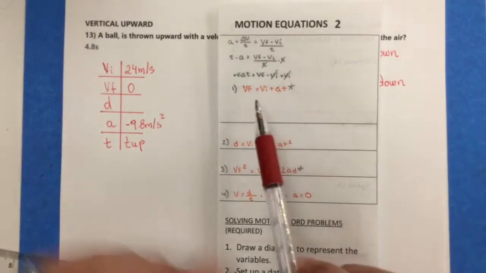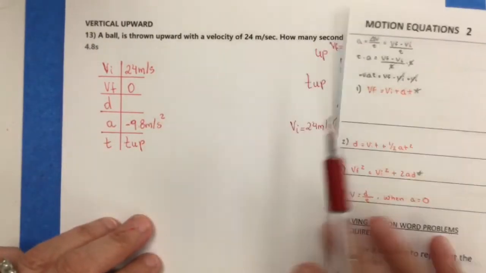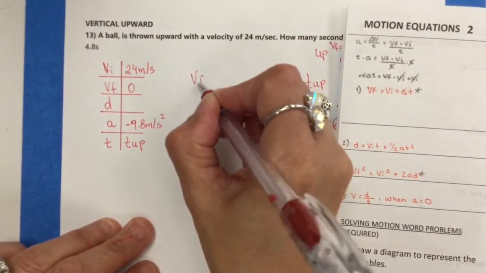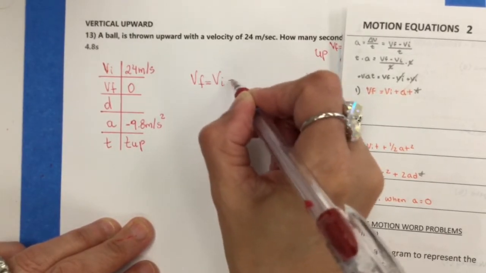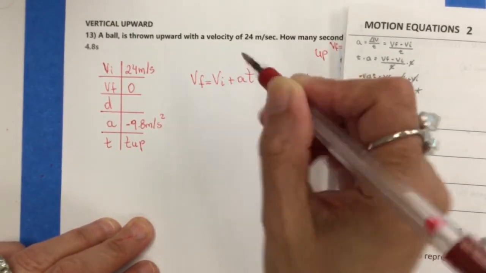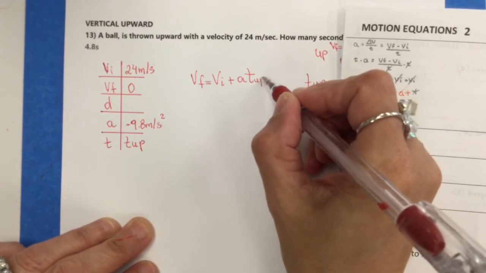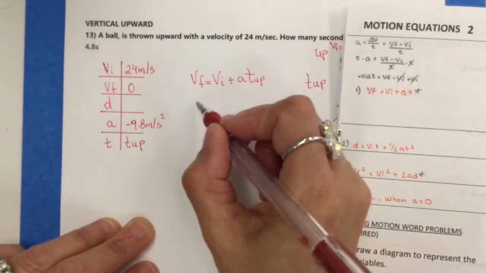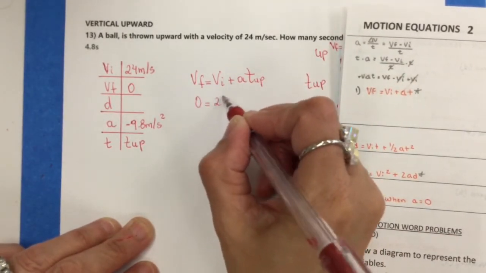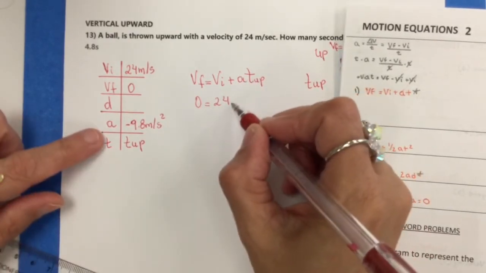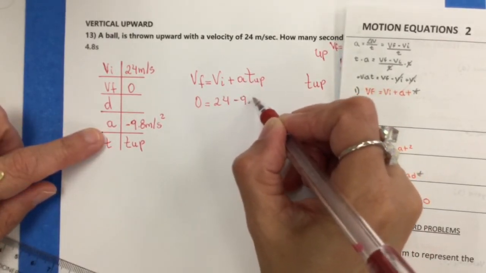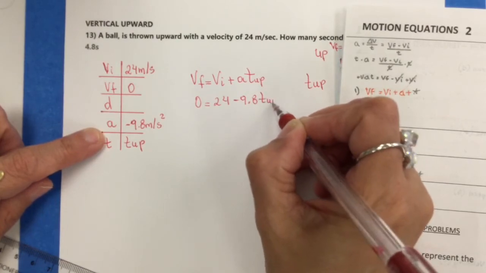So by elimination, we are using the first equation: VF is equal to VI plus AT, and this time is the time going up. So VF is 0, VI is 24, acceleration is negative 9.8, time up.